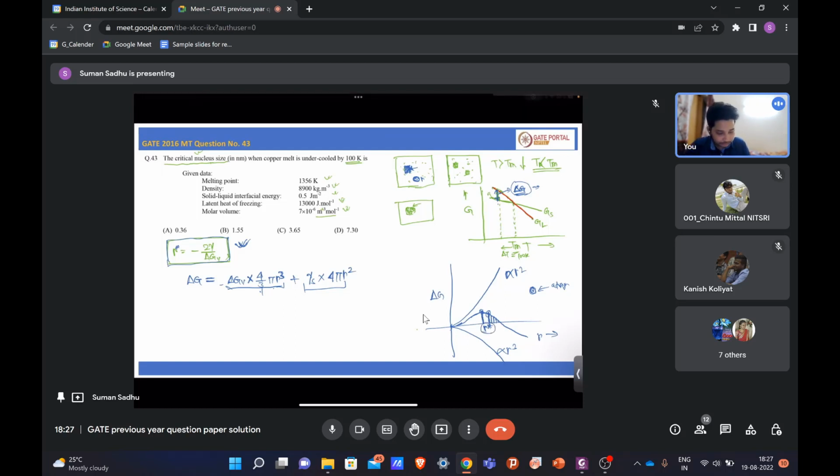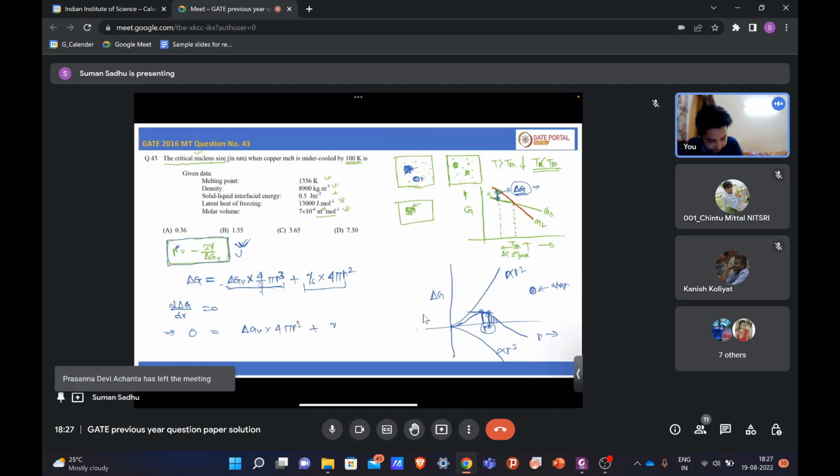So how will you get the equation? If we take the derivative at this point, d delta G by dr will be 0 at this point, at the maximum point. So you can write that 0 is equal to delta GV into 4 pi r square plus gamma s into 4 pi into 2r, right?